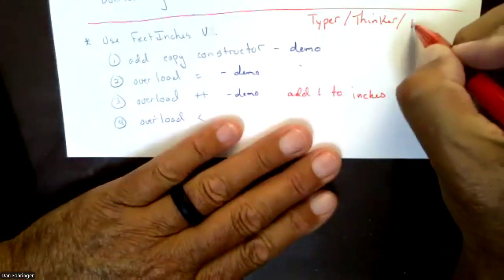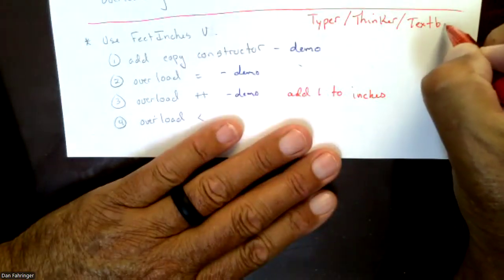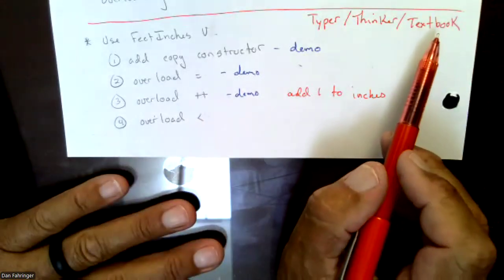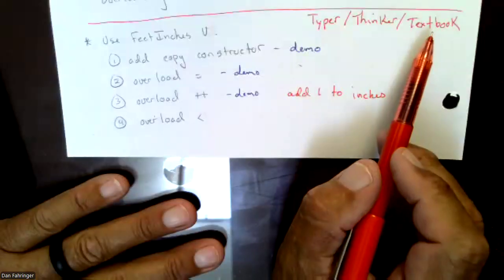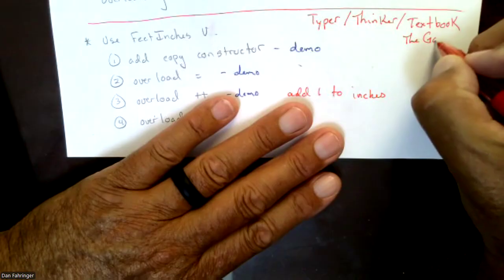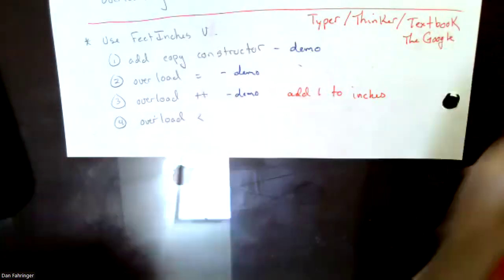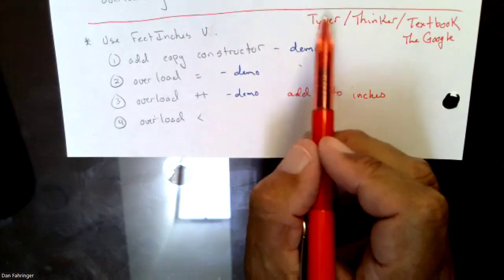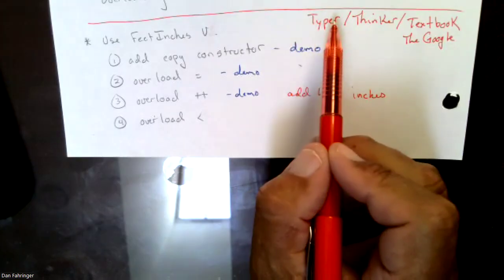The third person should probably have the textbook, or if not the textbook, Google. But I don't want all 3 or 4 people trying to type this up at the same time. We only need one typer.